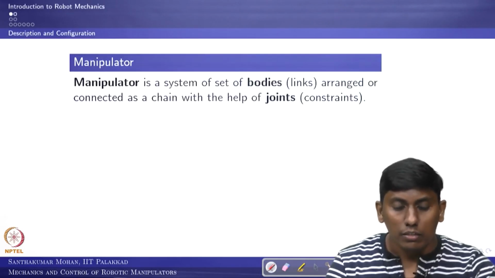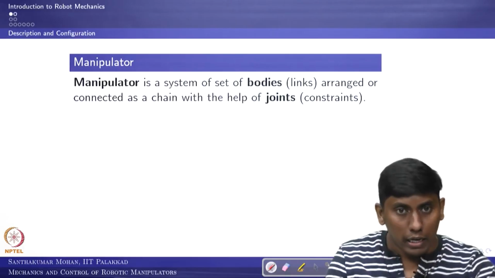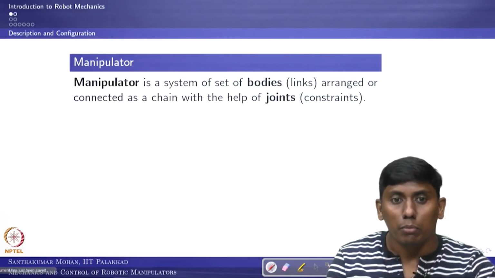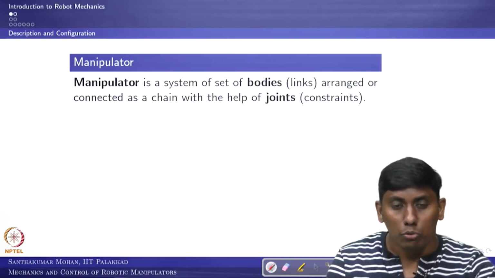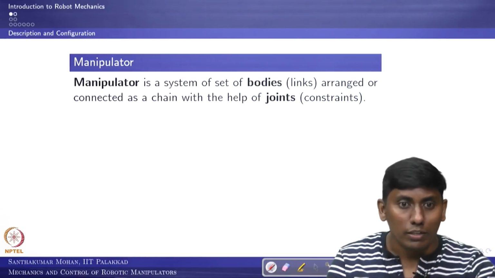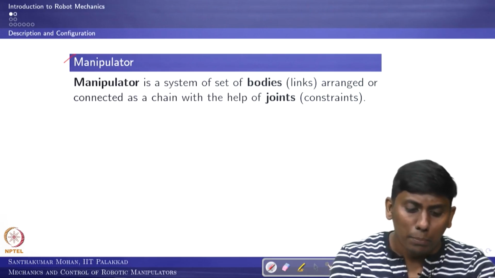So we'll start with the manipulator. A manipulator can be defined as an effector that has an effect on the environment and causes motion of the objects around; this is called manipulation, and the device is called a manipulator.